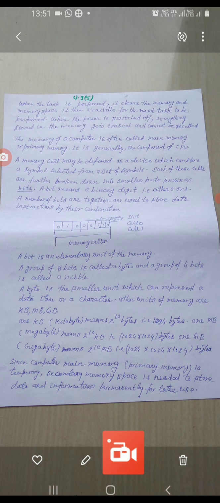When the power is switched off, everything stored in the memory gets erased and cannot be recalled.